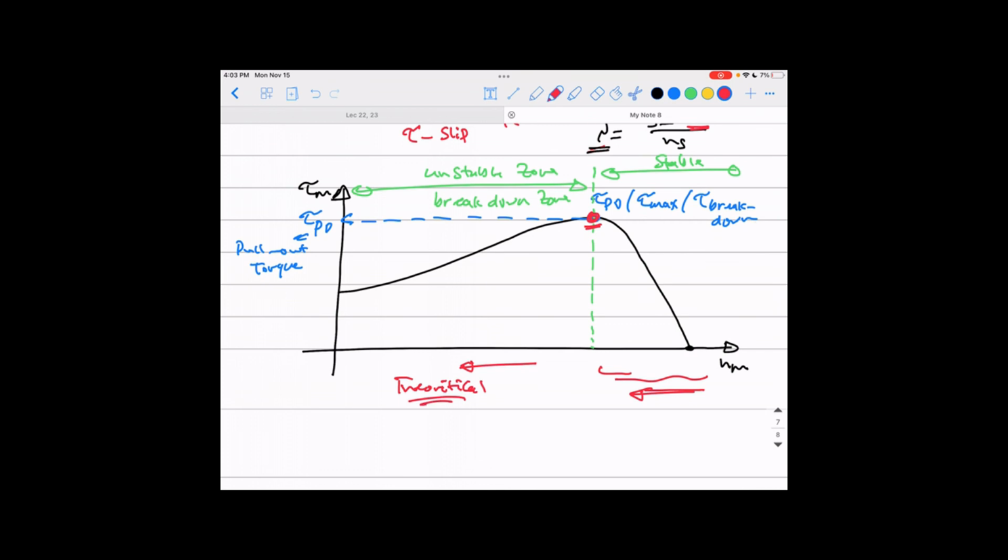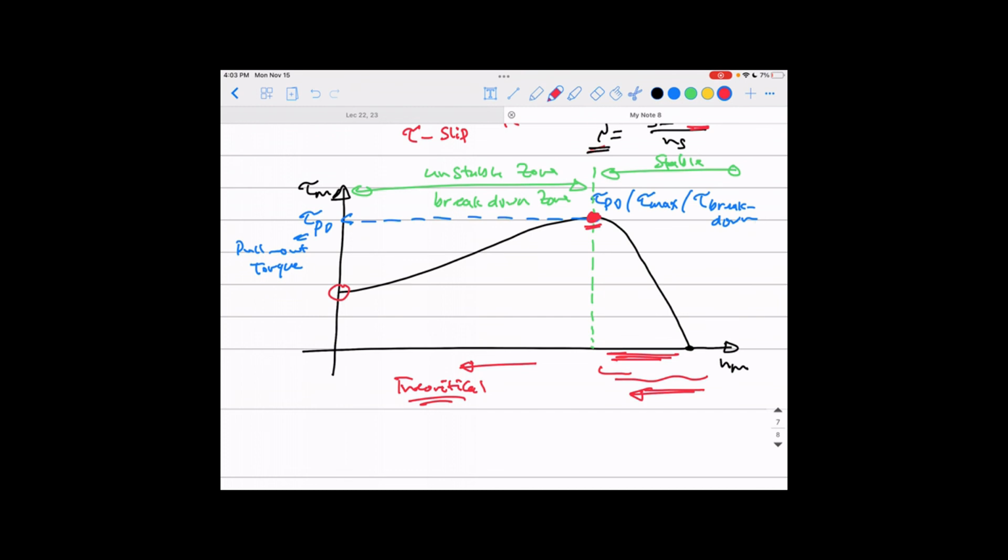You'll not find it in actual life, because you cannot enter this zone unless you have a torque higher than the pull-out torque, which means you are burning the machine down. So most of the time we operate in the stable zone. This is the pull-out torque.